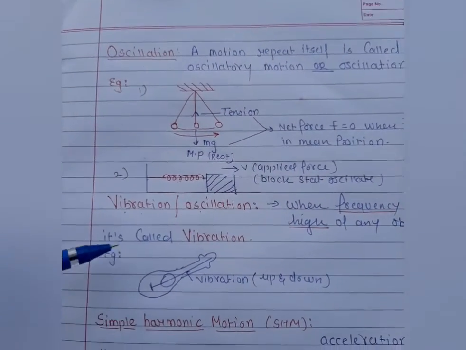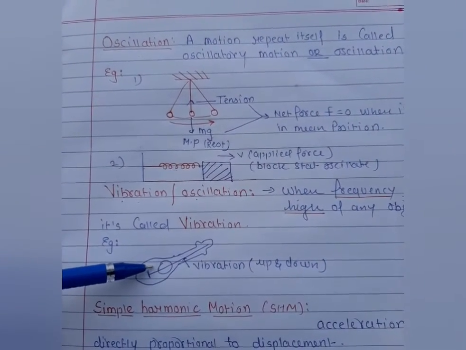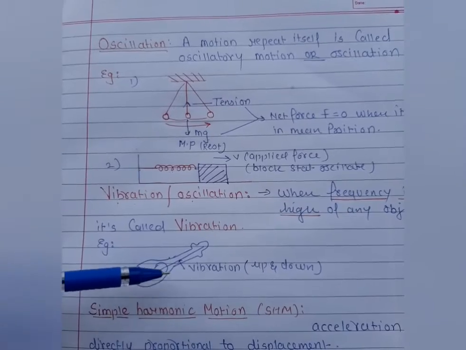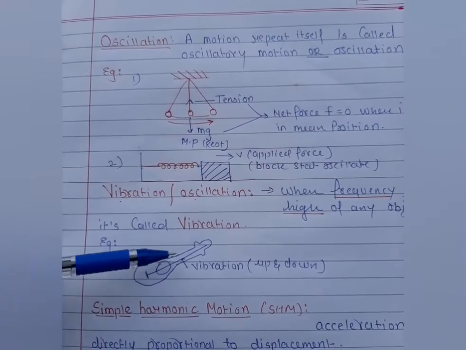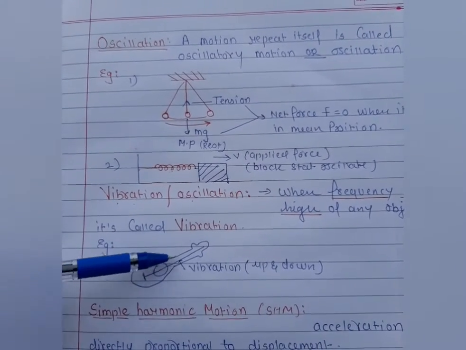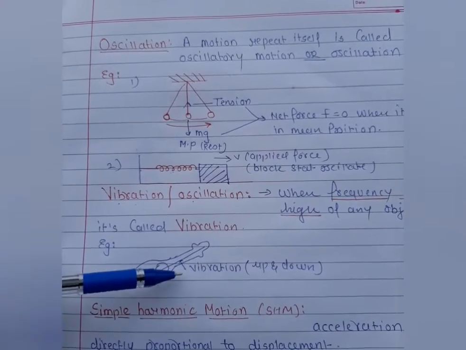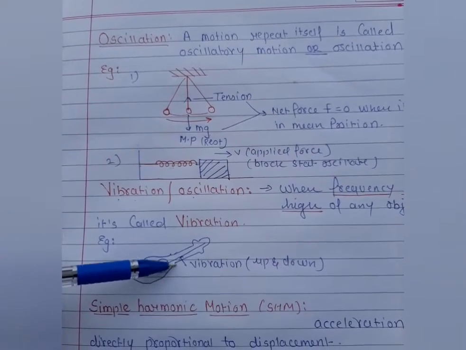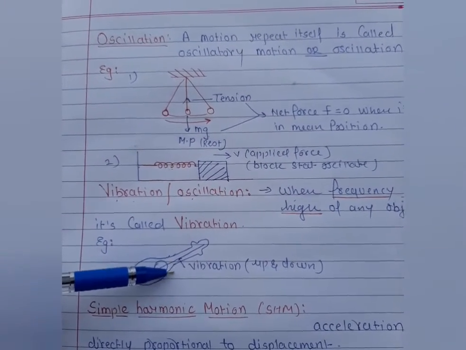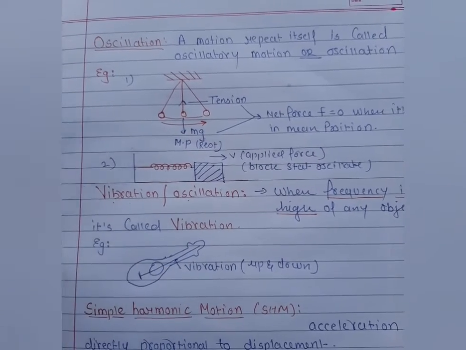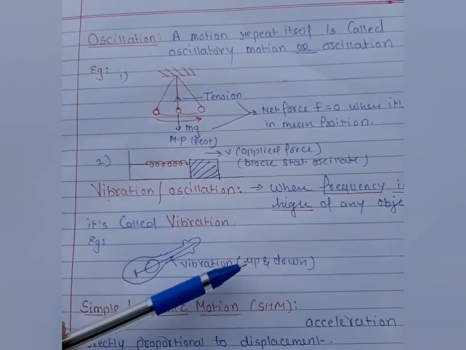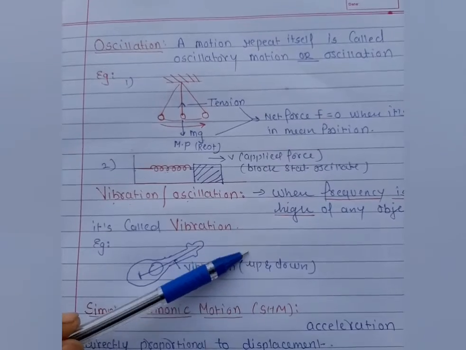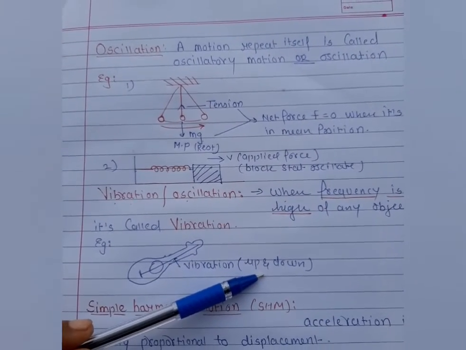How? Let us understand this concept with the help of an example. Here I consider the example of a guitar, where a string is attached to the guitar. When you apply a large force on the string, the string moves in an up and downward direction at high frequency.